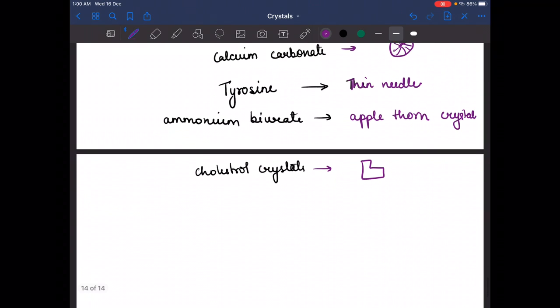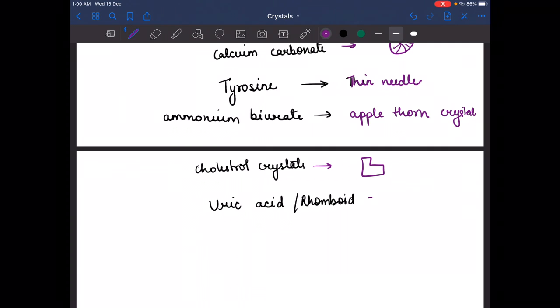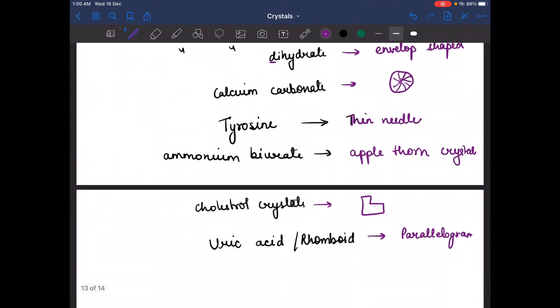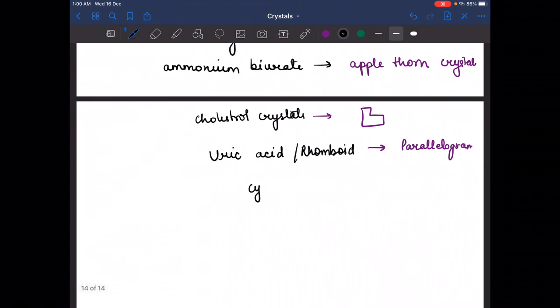So now, in uric acid or rhomboid, we can see the parallelogram where two lines meet with each other. And cysteine also, in cysteine, we can see hexagonal shape.